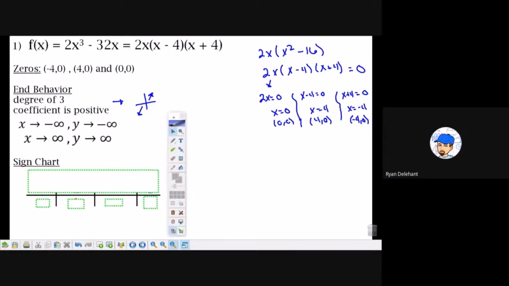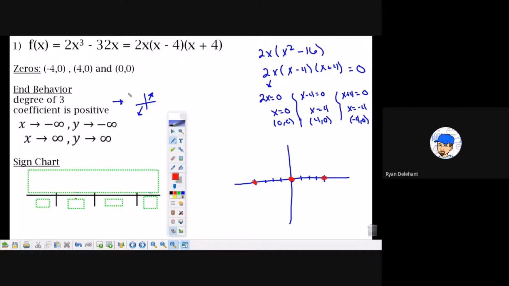So let's talk about what we know about this graph already, because if our overall goal is to graph this thing and use these features, if we go to make a sketch of this, we know that we have x-intercepts here, here, and here.